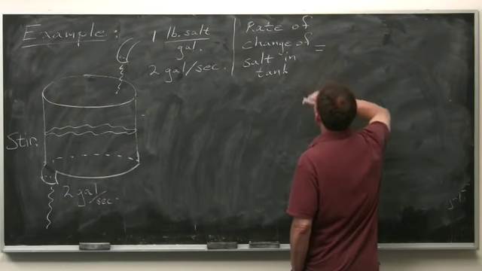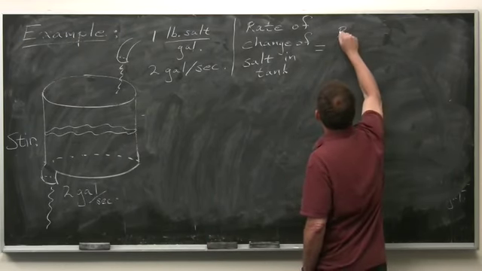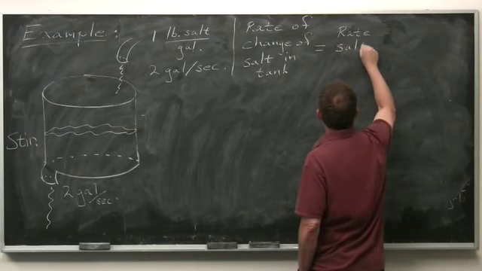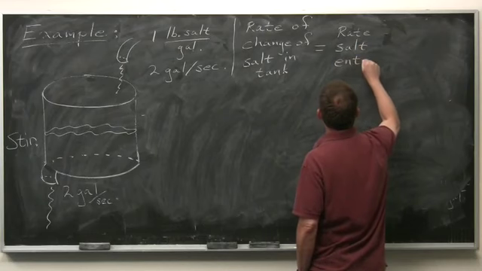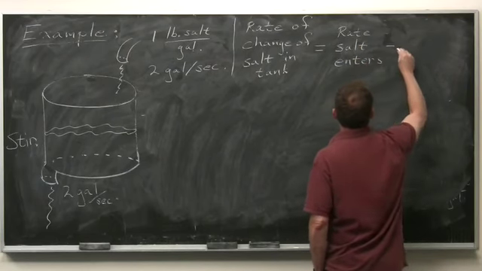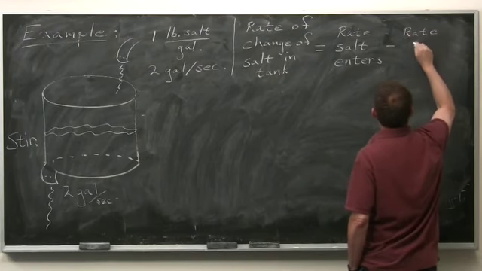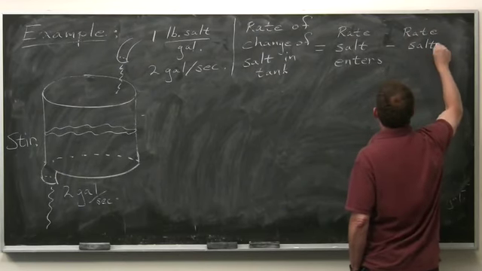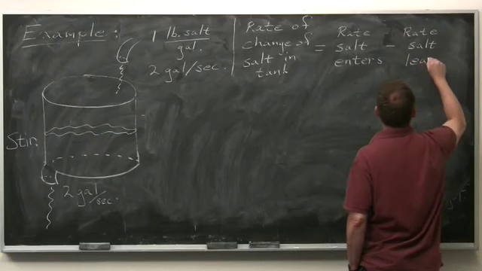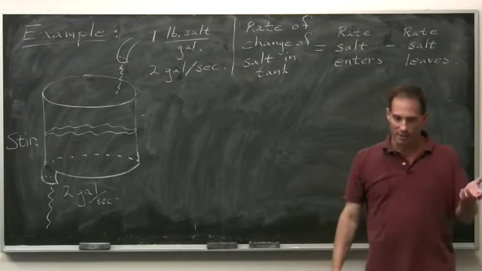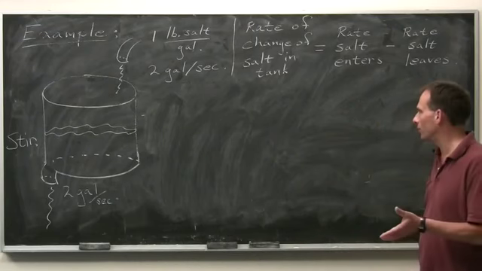The rate of change of salt in the tank equals the rate salt enters minus the rate salt leaves. Hopefully, that seems obvious and doesn't take any memorization. The fact that breaking it down like this is useful is something to remember.